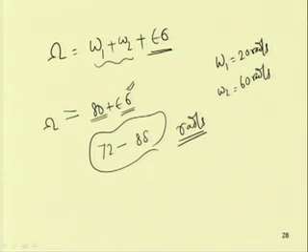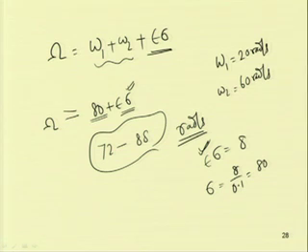In that case, when it is 88, our epsilon sigma is equal to 8, by taking epsilon equal to 0.1. So, we have sigma equal to 8 by 0.1, which is equal to 80. So, we can have a value of sigma nearly equal to 80 to have omega, that is the external frequency, near 88 or near 72.